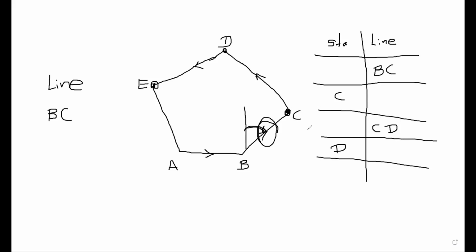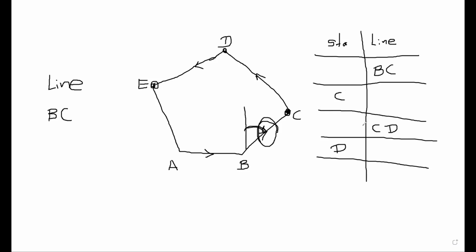Hope it is clear. Consider the things in anti-clockwise direction. Start with the line with the bearing and fill it according to your movement. The advantage of marking the points in anti-clockwise direction is you don't have to see the figure then. If you mark A, B, C, D, E, F, G, H up to, let's say, 20 points, and you start with BC, then we know it will be station C next.